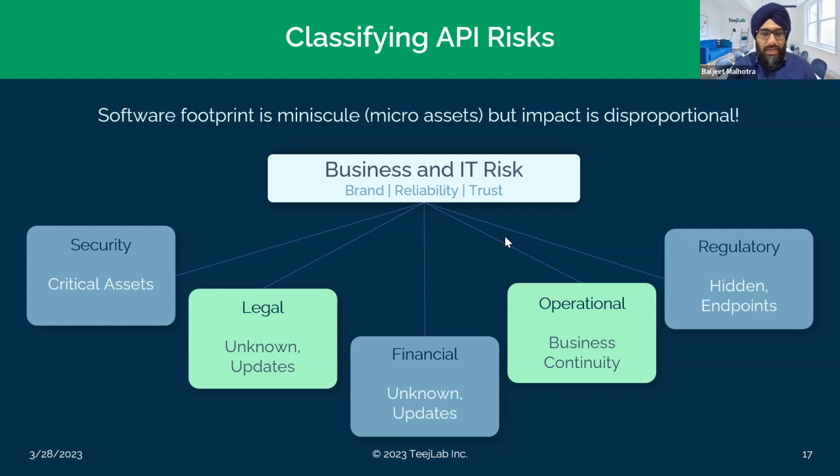The legal risk is if this API is dealing with, let's say, customer information, okay? And that too, you have hundreds of thousands and perhaps millions of customers. The legal risk here is customers are not going to like it. And oftentimes, if this leads to legal action, the compensation comes down to the dollar value.